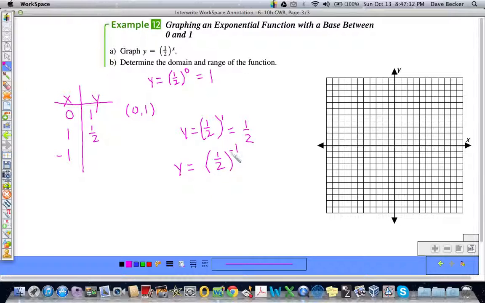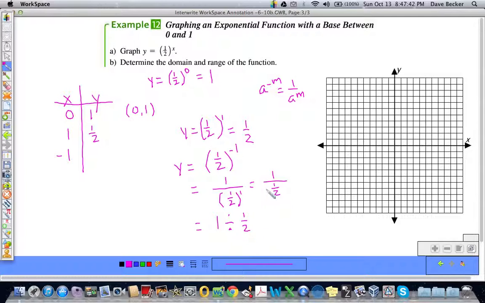Well, remember, a to the negative m is equal to 1 over a to the m. So my a here is 1/2. So this is equal to 1 over 1/2 to the first power, which is 1 over 1/2, or 1 divided by 1/2.